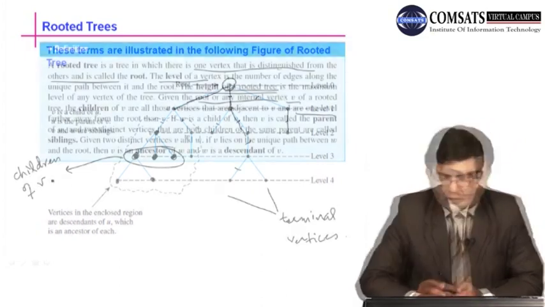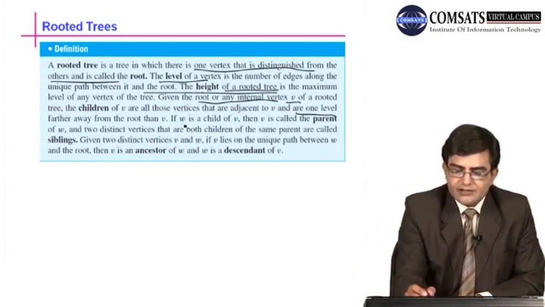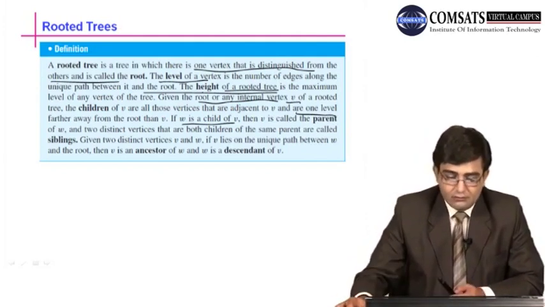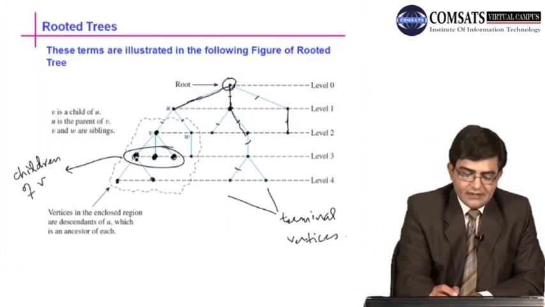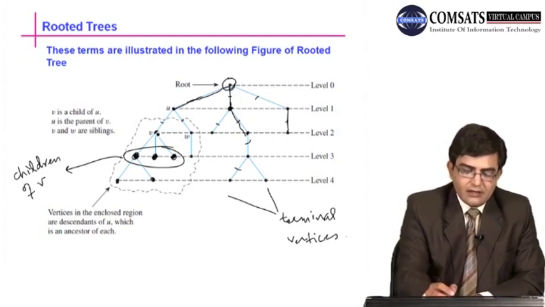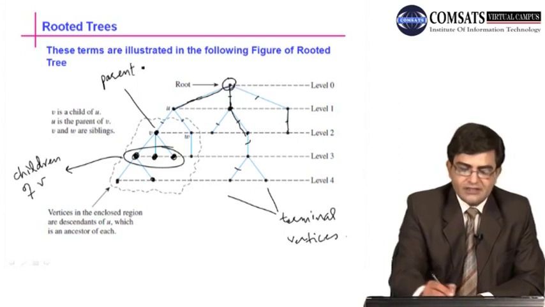So now what is next is, if w is a child of v, then v is called the parent of w. So if these 3 vertices are children of v, then v is called the parent of these 3 vertices.